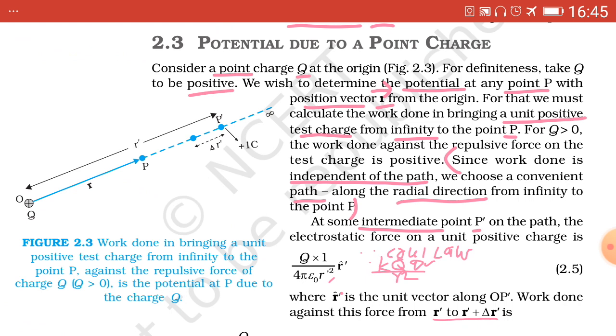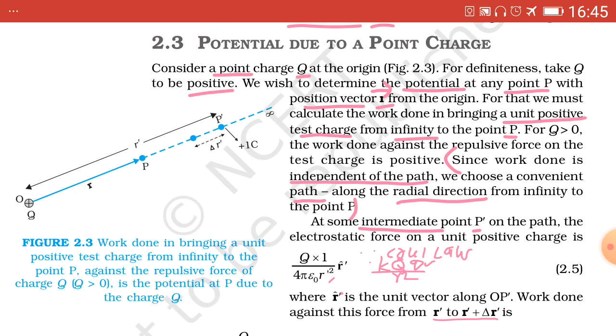Here plus 1 coulomb is shown. From infinity to the point P, we have to calculate the work done in bringing a unit positive test charge from infinity to the point P.